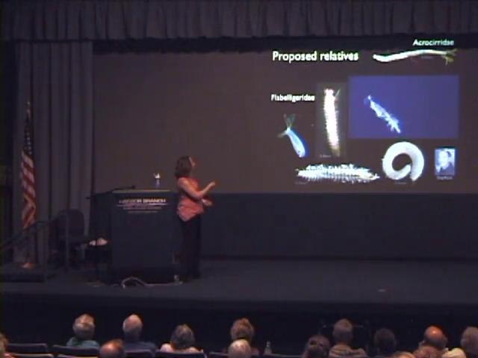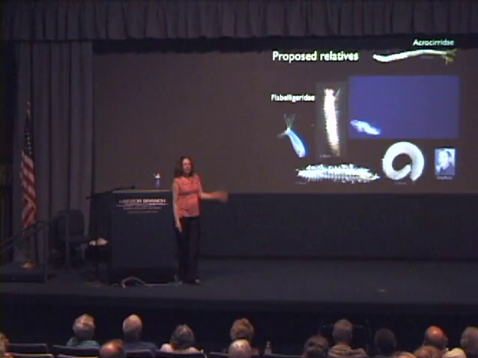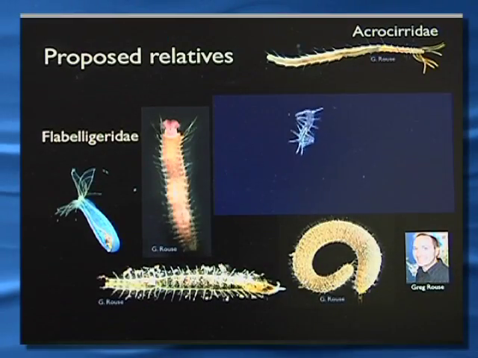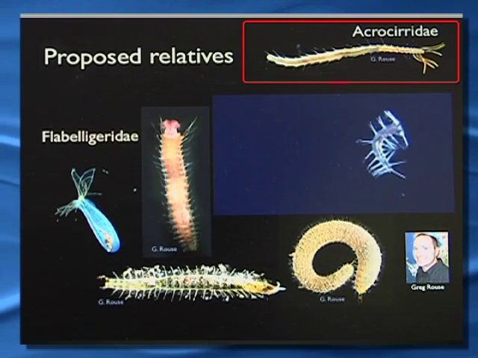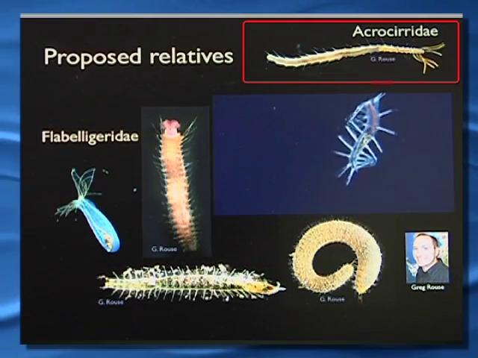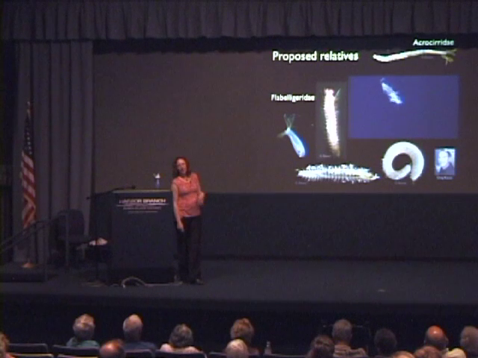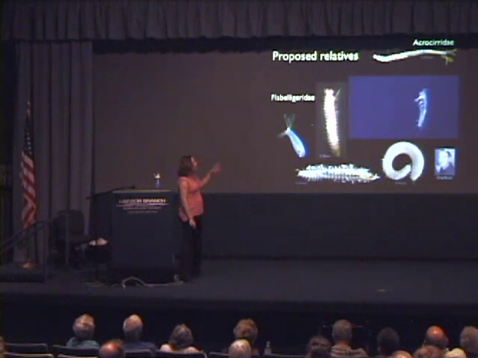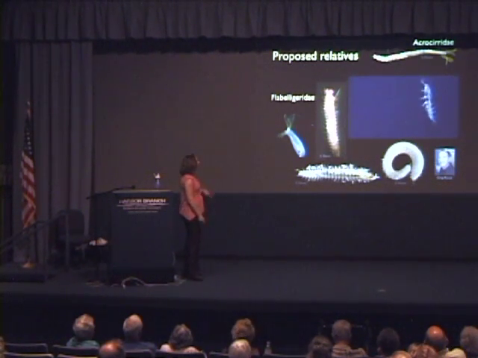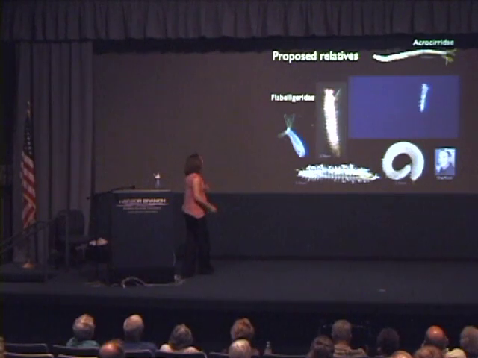They shared the most morphological characteristics with this group of polychaetes called Acroceridae. Very boring group of polychaetes. Small, thin, on the bottom, very difficult to tell apart, probably about 15 species described in 3 different genera. Really boring group, but they share some of the same morphology of their chaetae and of their head appendages.